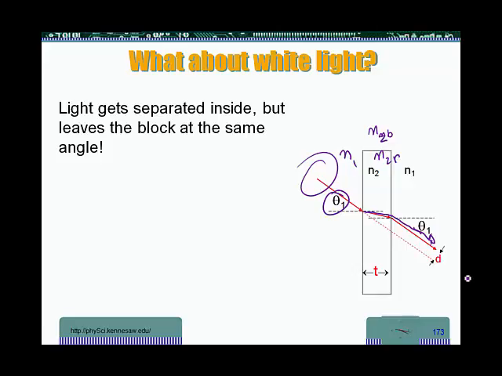The way they are going to come into our eyes, they are going to come parallel, so they are going to just add up without us noticing any difference. An interesting question is to find how much separation do we have for a particular thickness of the slab. But that might be a good exam question, for example.